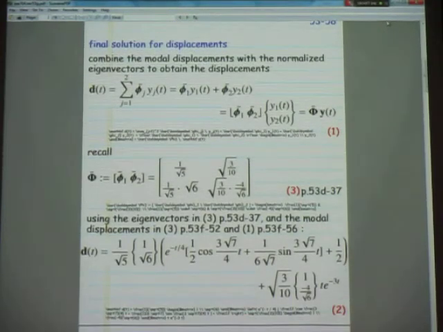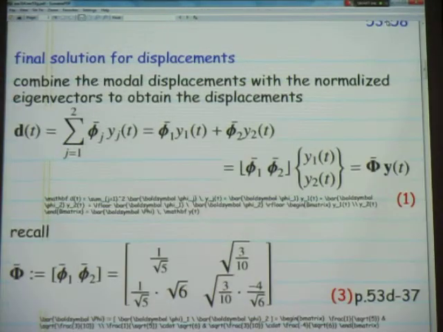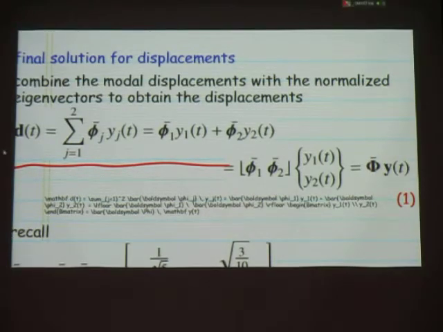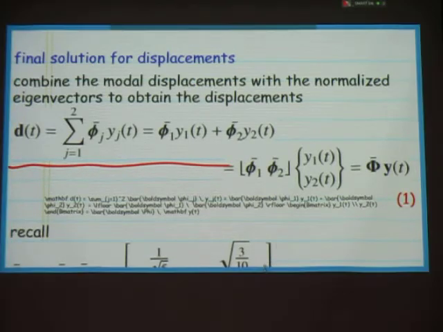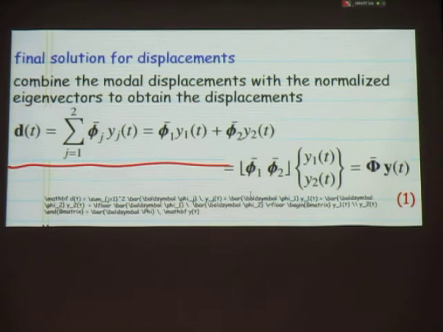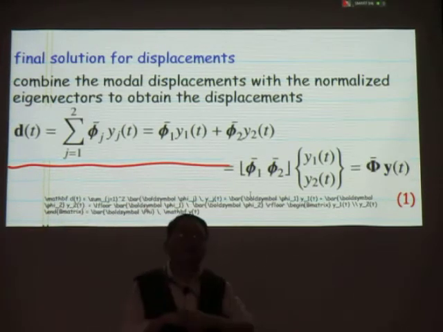If you had looked into this section, which you have, you would see that I start with this fundamental expression that expresses the original displacement in terms of the modal displacement. This is the same expression that you saw when I brought up section 53D.